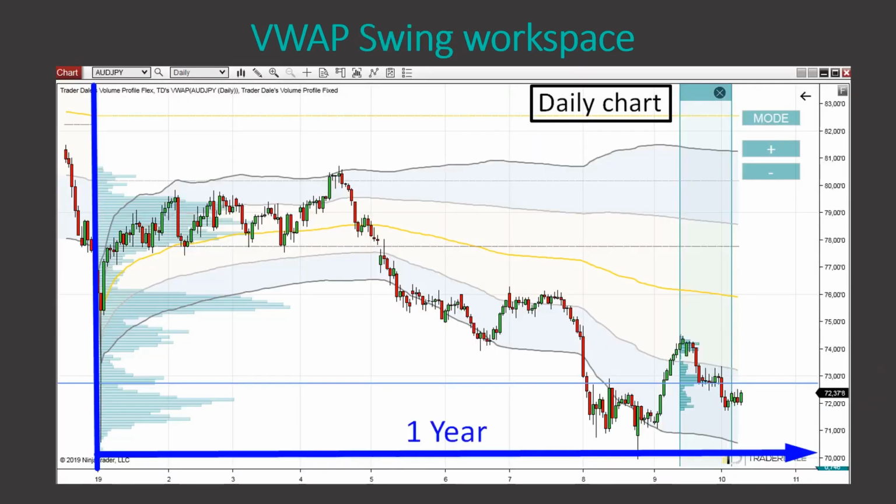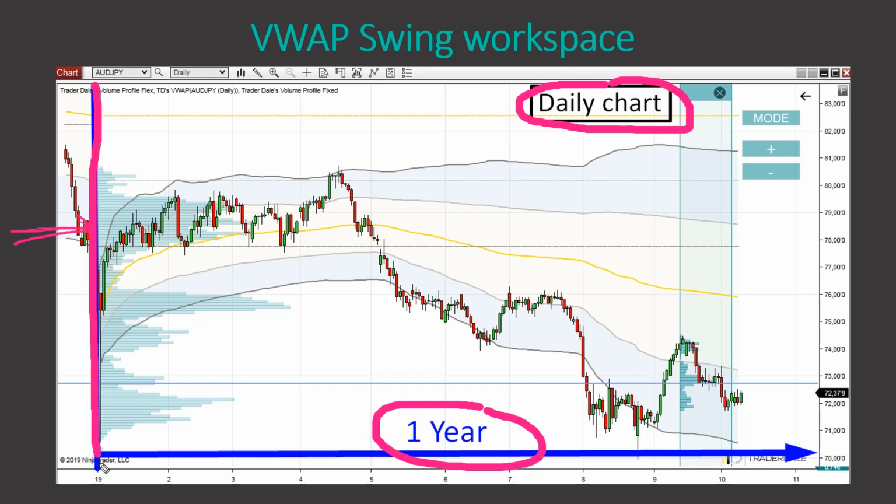Now let's move on. This is a swing trading workspace, which I use. It is just one chart. It is a daily chart, and on this chart I'm using only the yearly VWAP. So as this year ended, VWAP stopped calculating, new year started in here, and new calculation of VWAP began.